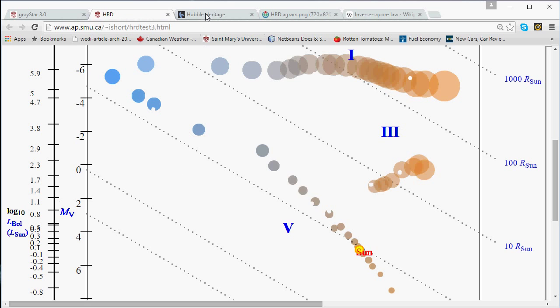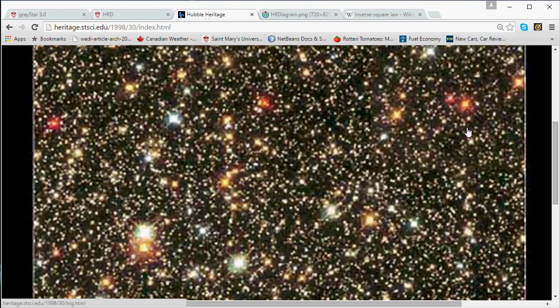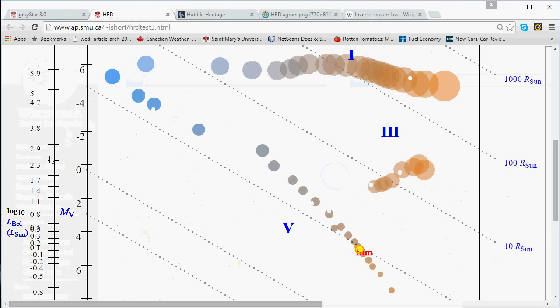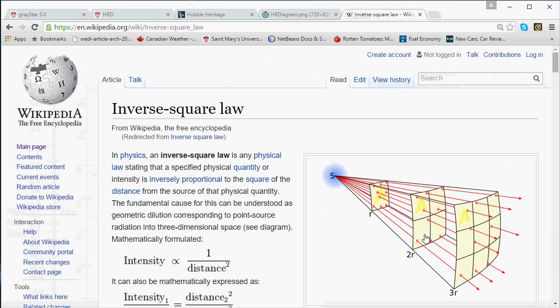Now, how does that help us? Well, if we go back to the star we're picking on, another thing we can do, of course, is measure its flux intercepted by a detector here on Earth, and that tells us its apparent brightness. So we can combine knowledge of the star's absolute brightness, its luminosity, from the y-axis of this calibrated HR diagram, with the apparent brightness, the flux that we've measured for it, and by combining those two things, we can calculate the star's distance.